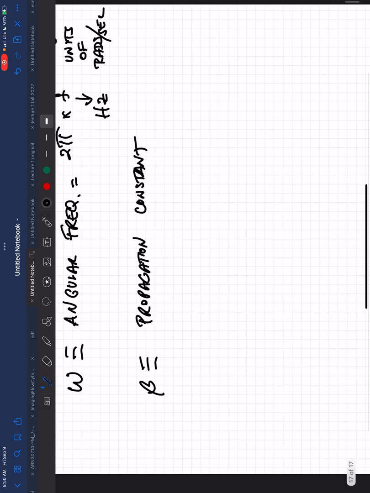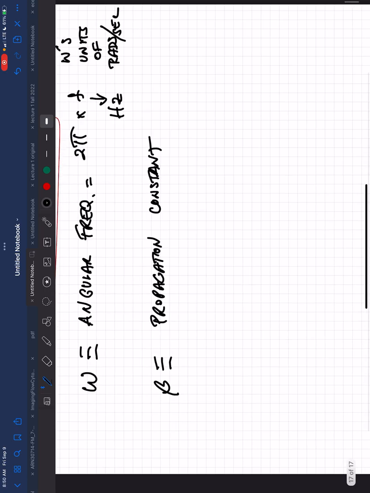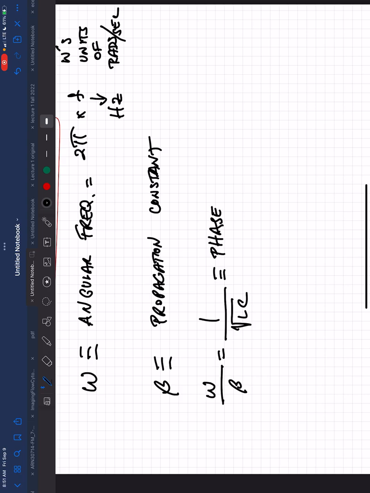I have a feeling I'm telling you guys stuff you already know. Okay, so these are definitions, and the general form of the function. Then if you take the ratio of your angular frequency to your propagation constant, in the case of our transmission line it is 1 over the square root of LC, which was our velocity. It's called the phase velocity in transmission lines, written u_p.